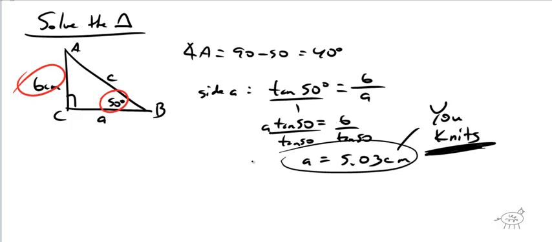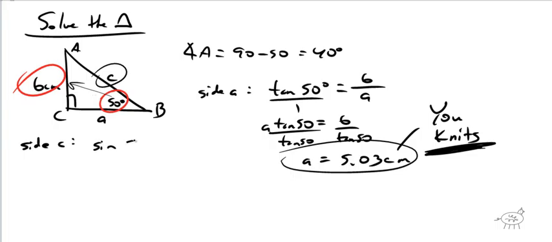But for now, I'm looking for side C, so why don't I just use trig again? Using that 6 and that 50 degrees, what trig function are you going to use? Well, 6 is opposite, so I can use opposite, and I'm looking for hypotenuse. Which one is opposite and hypotenuse? It's sine.